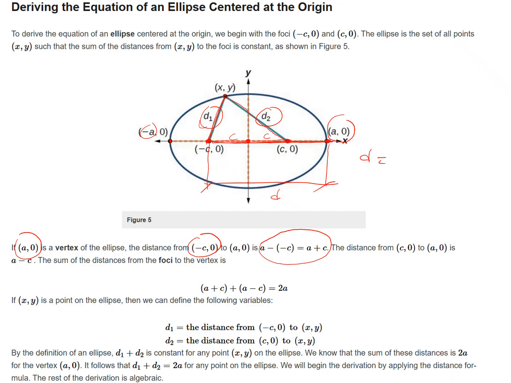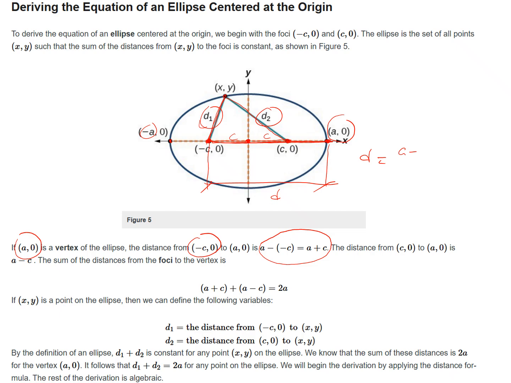So meaning a minus, from this point to that point, we have a minus c. So a minus c.